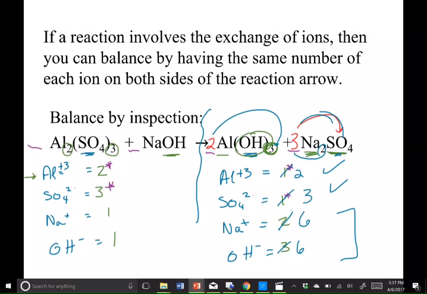So now, do you kind of feel the going back and forth? That's very typical. So how am I going to get 6 sodiums over here on the reactant side? Well, if I put a 6 in front of my NaOH, now let's update our Na and our OHs. So I have 6 Nas, and how many OHs do I have?